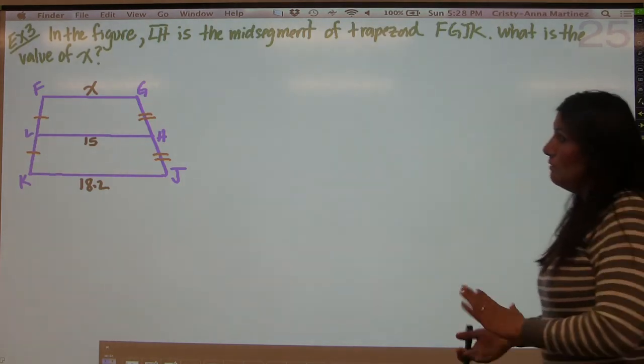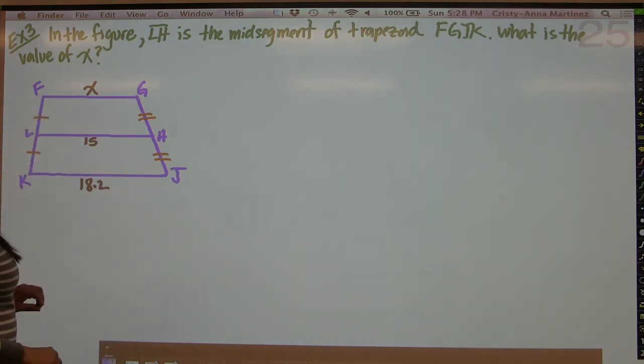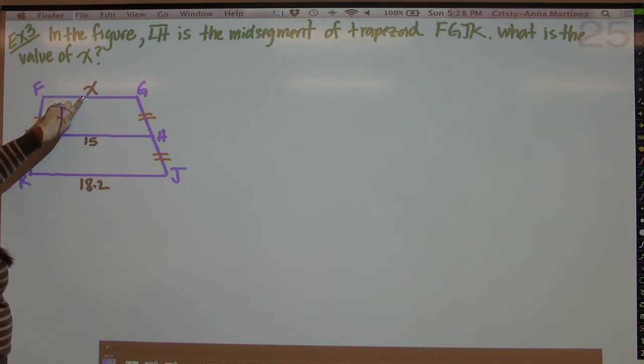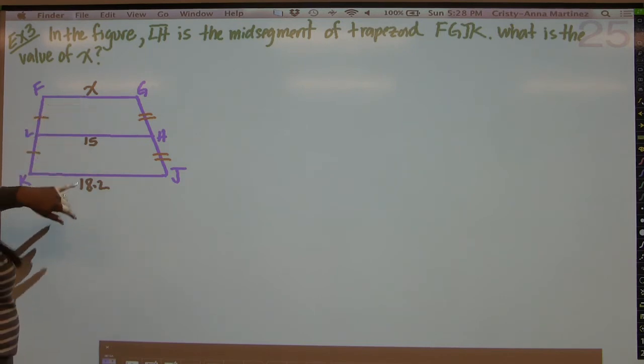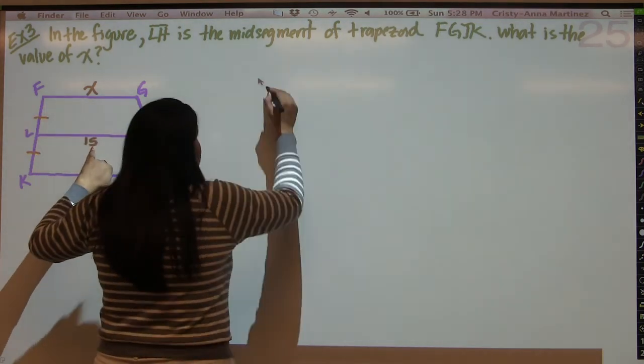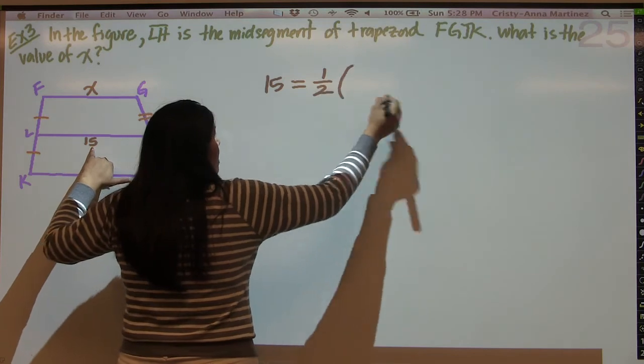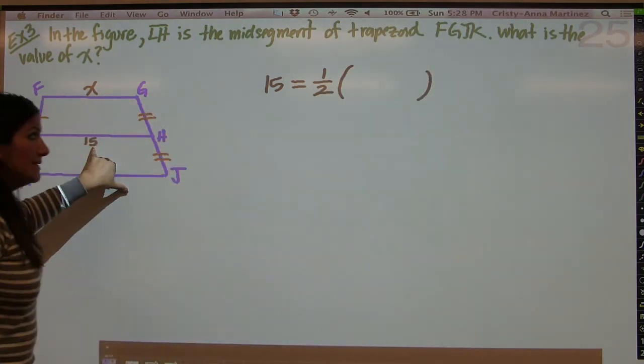It says in the figure, LH is the mid-segment of the trapezoid FGJK. What is the value of x? So here we have our x. What we know is that LH is the mid-segment, so 15 is equivalent to 1/2 the sum of the bases.